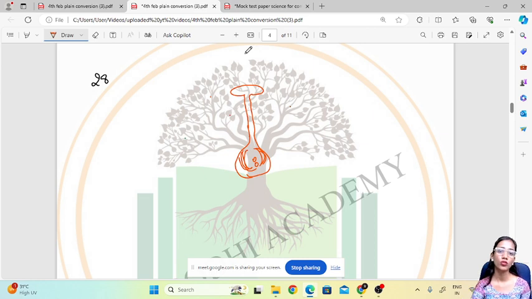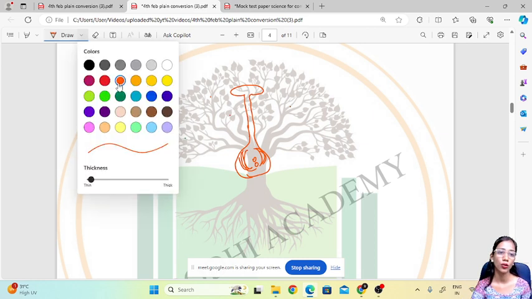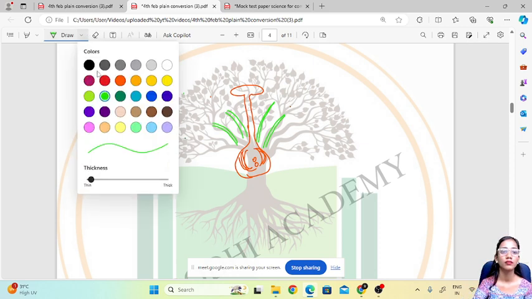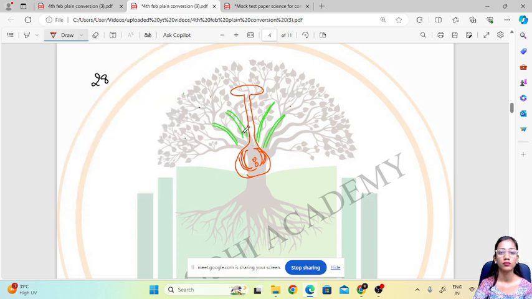Okay, once you draw this, then next you have to draw the male reproductive part, the filament and the anther.